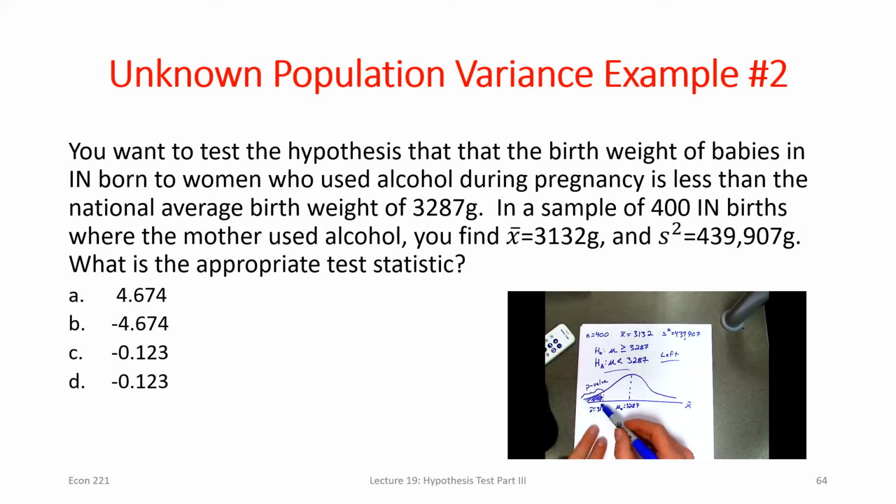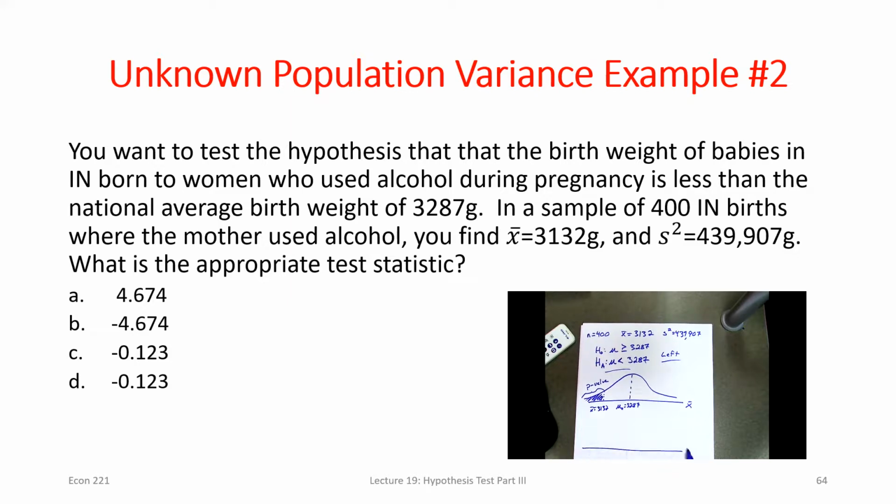Or the probability I saw the sample evidence that I did that was as inconsistent with what I assume to be true, or something even more inconsistent with that assumption, so anything further into that tail. And like I said, an easy way to remember this: right tail test, I'm looking for the area in the right tail; left tail test, area to the left.